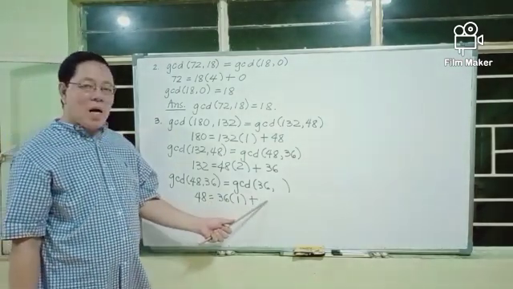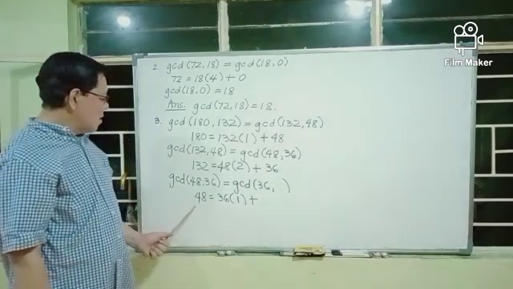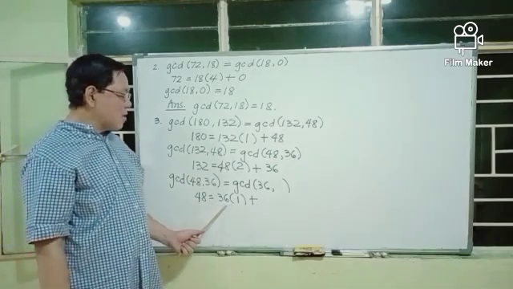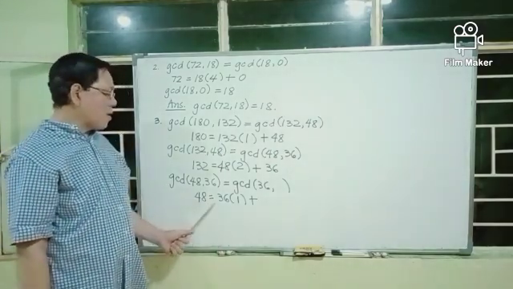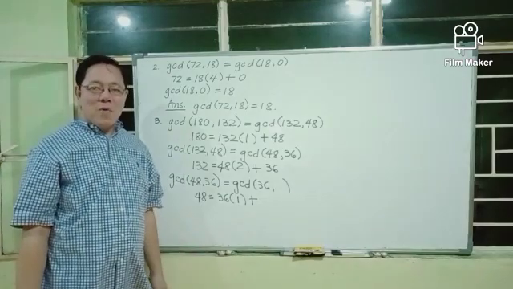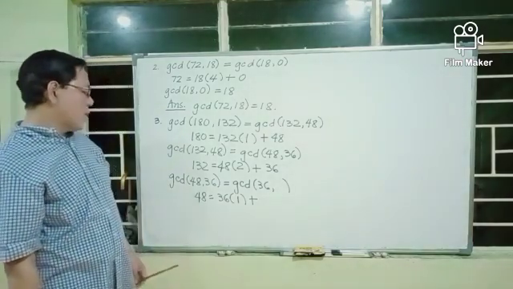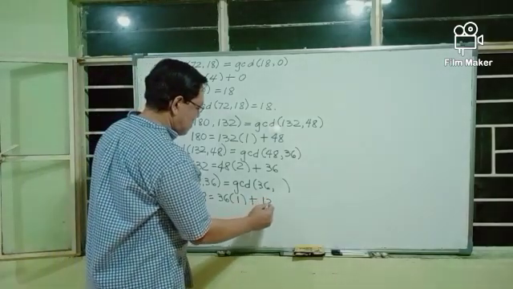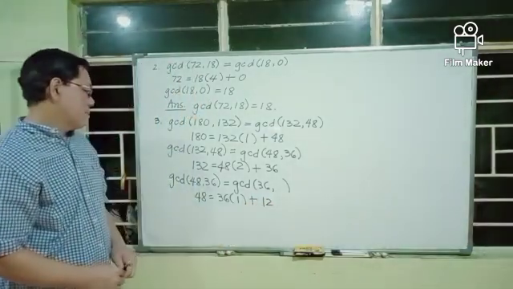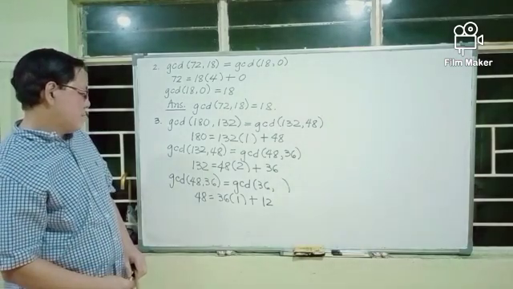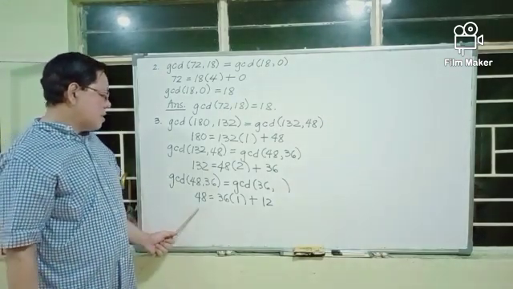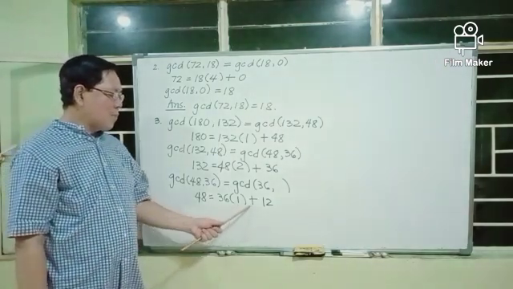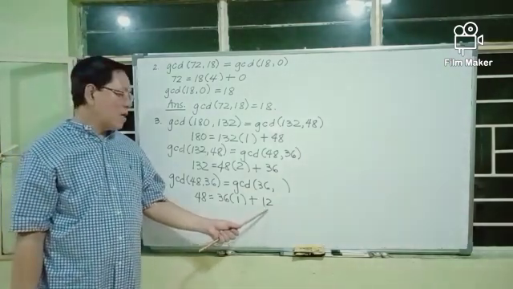And the constant to be added is obtained by getting the difference between 48 and 36 times 1, or 48 minus 36, which equals 12. This is now of the form A equals B times Q plus R. Therefore, R is 12.